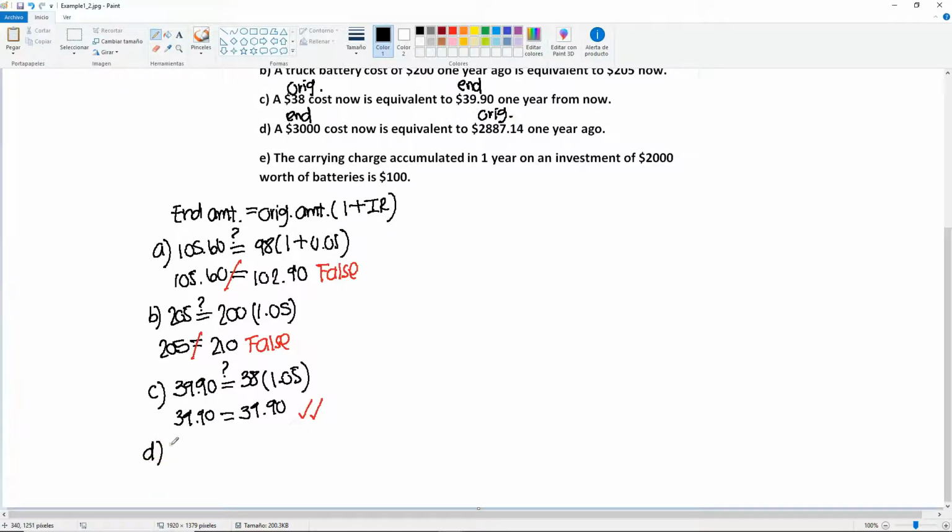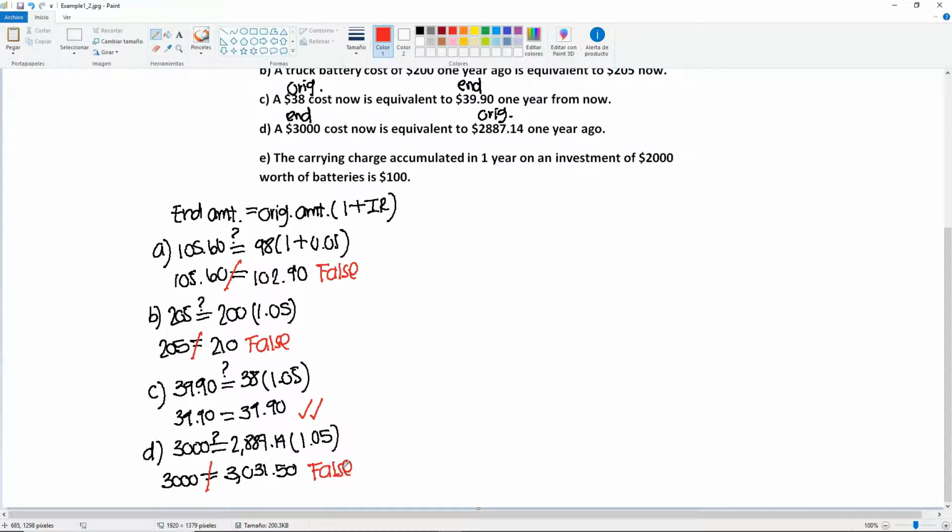So for part D, we have 3,000 and we want to know if it's equal to 2,887.14 times 1.05. If we multiply this, you will get 3,031.50, making this statement also false.